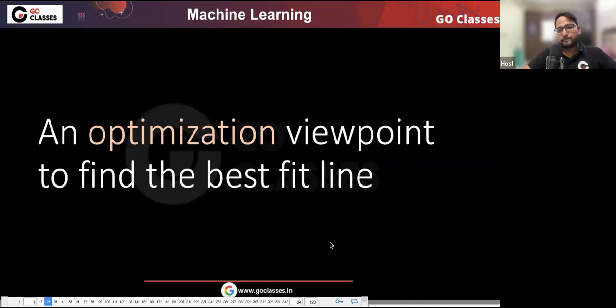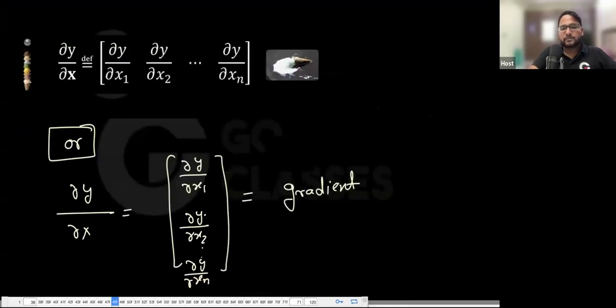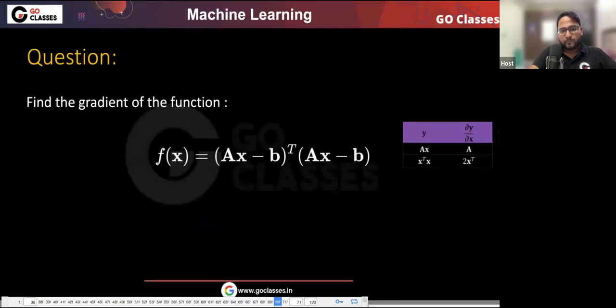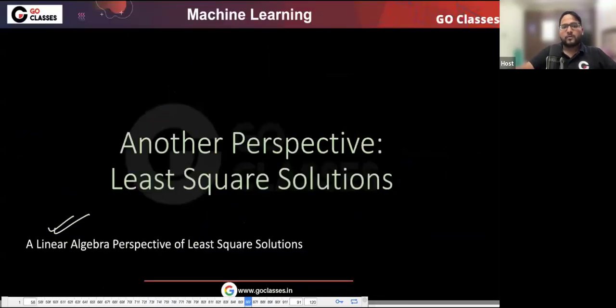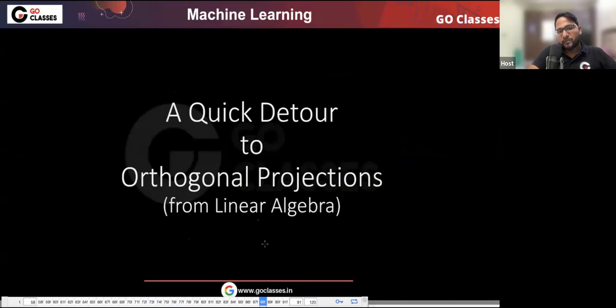How to do it? Just using the projection. So we will talk about the linear algebra perspective of the exact same thing tomorrow. I will also have 10 to 15 minutes of a quick detour to the orthogonal projection so that we can set up the base.